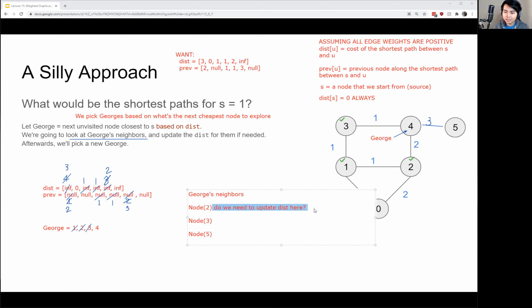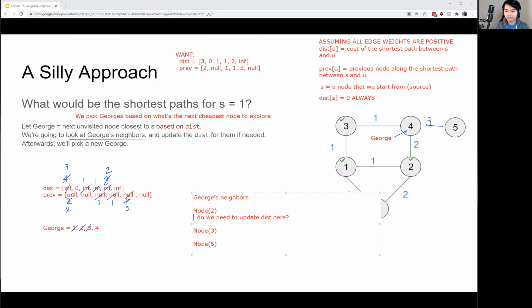We don't need to update the distance because, the question we're always asking is, do we need to update the distance based on the pathing that we have from 4? The real question we're asking is, is it cheaper? Is it cheaper to go to 2 through 4 than what we had before, right? The cost to get to 2 right now is 1.